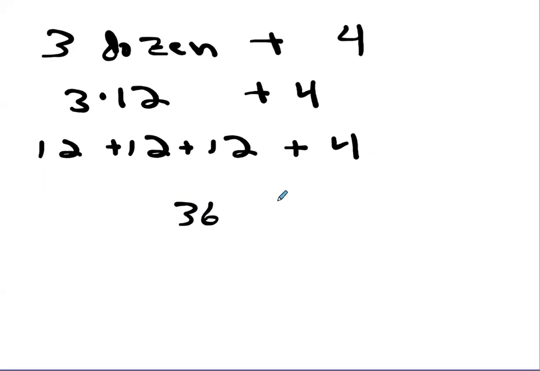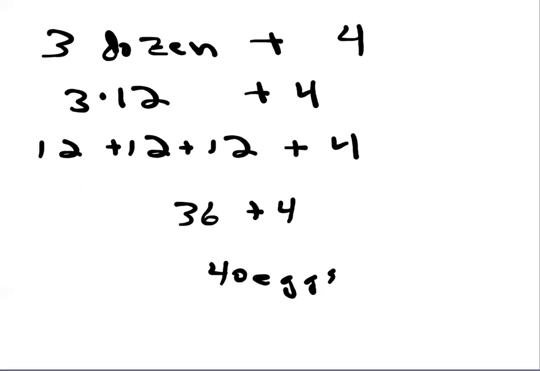So there's 36 plus 4 more. So I have 40 eggs total. With this expression, we see I'm not taking 3 16s. I have 3 12s, and then I'm adding 4. Instead of having to write out all of those 12s, it's more compact to write it in this way.